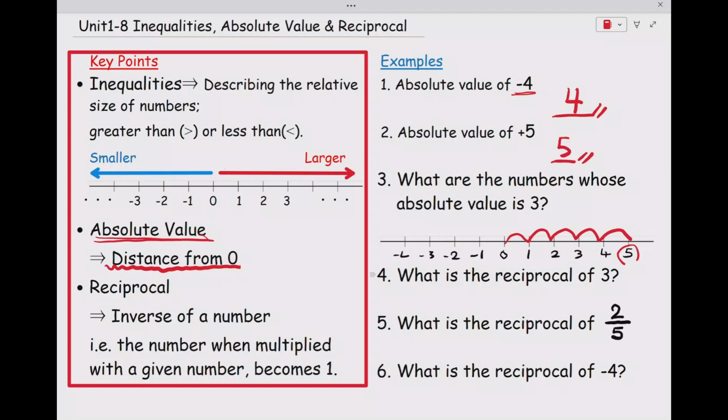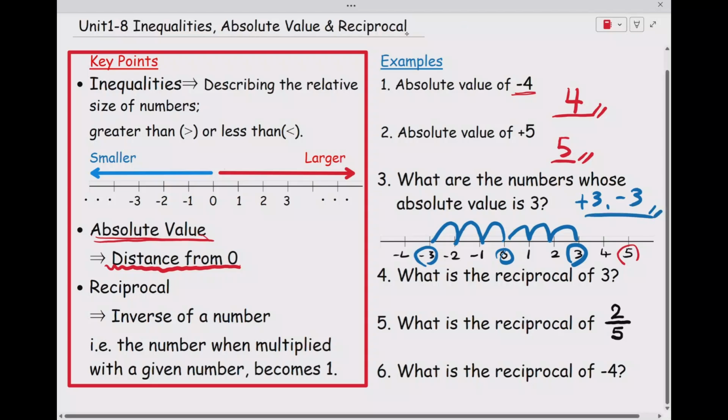If you just answer +3, you are wrong. Because there is another number whose distance from 0 is 3, isn't there? Yes, -3. -3 has the same distance from 0 as 3. So, the answer is +3 and -3. This is a bit tricky, so be careful.